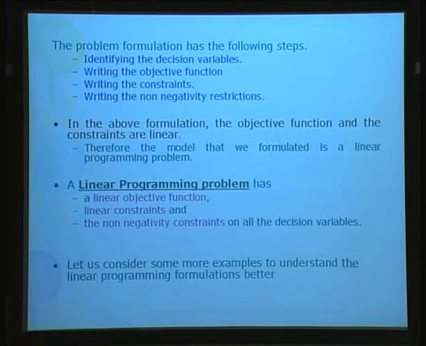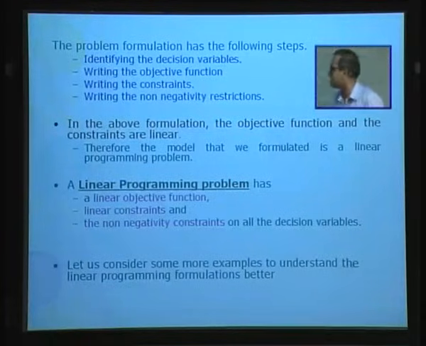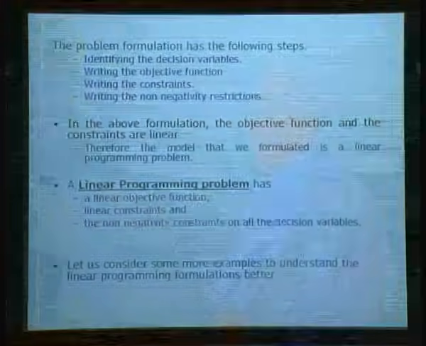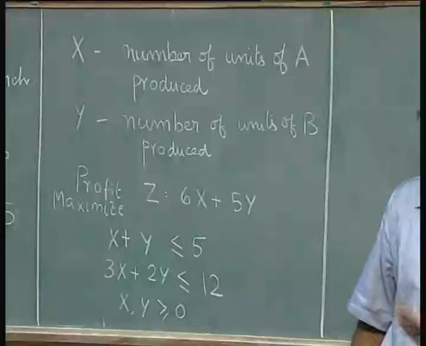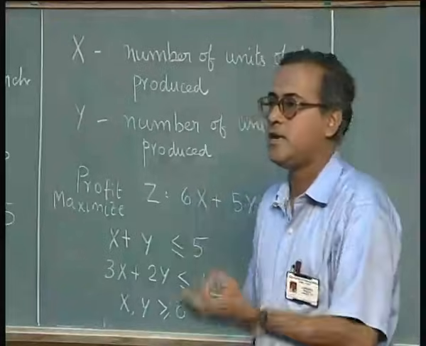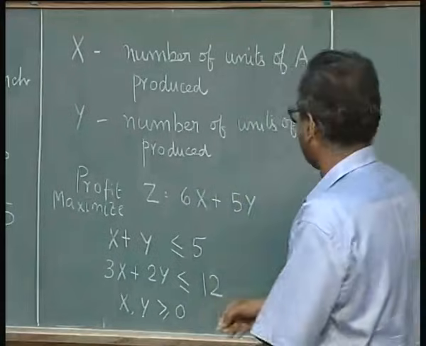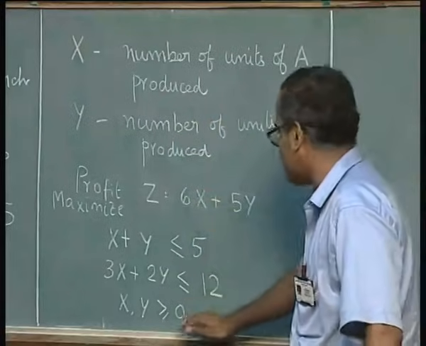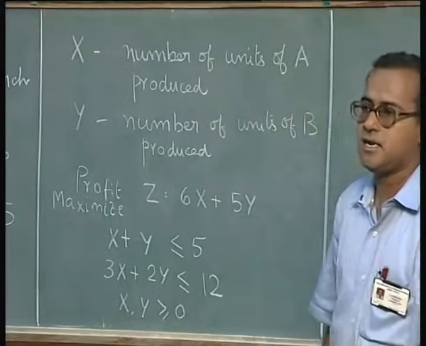So an important requirement of a linear programming formulation is the fact that the objective function is linear, the constraints are linear, and we explicitly state that the non-negativity restriction holds. So these are the three important aspects in a linear programming problem. If either the objective function is non-linear, or the constraints are non-linear, or this does not exist, then it is not a linear programming problem.